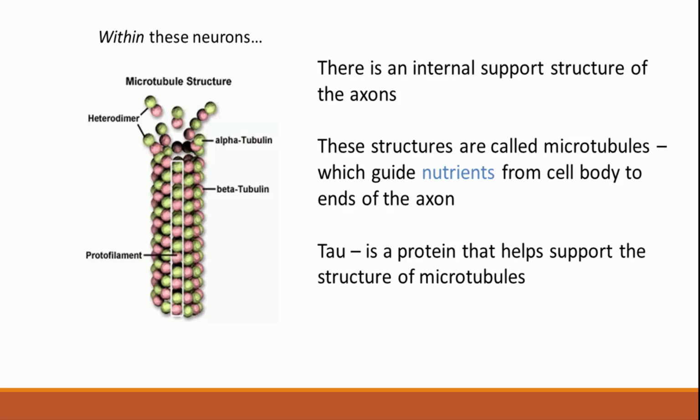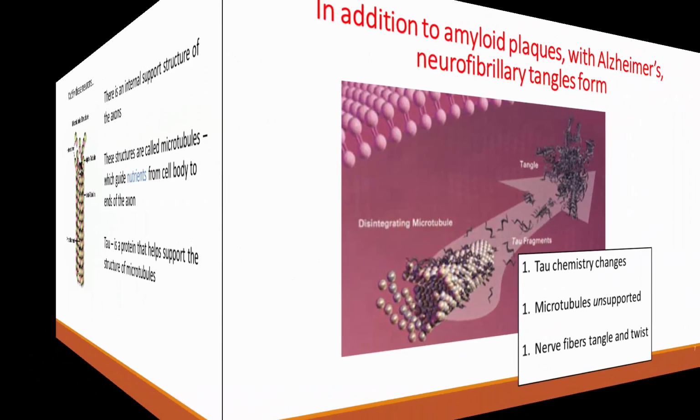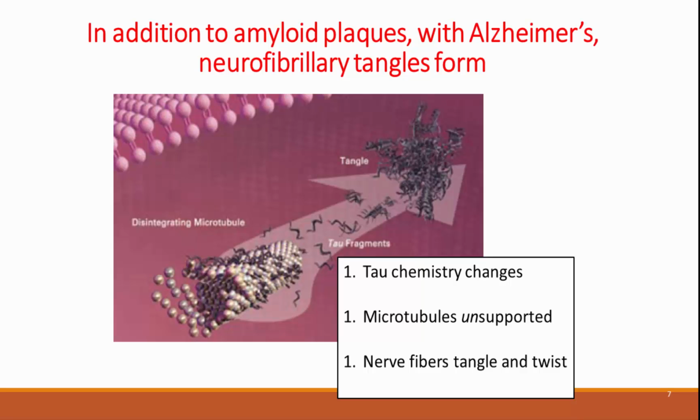And tau is a particular protein that helps support the structure of the microtubules. However, in Alzheimer's, the tau chemistry changes for some reason, and that causes the microtubules to be unsupported, right? So it's like this nice structure, and then it disintegrates, and as a result, nerve fibers tangle and twist, causing these neurofibrillary tangles to form.